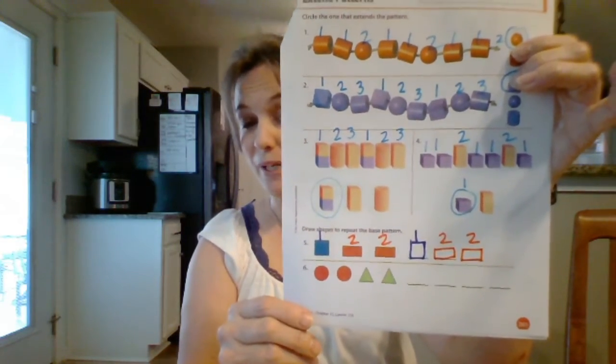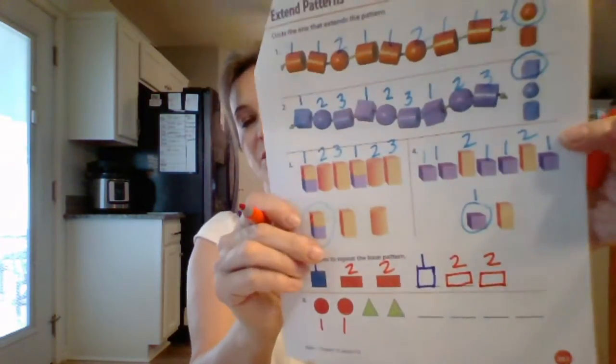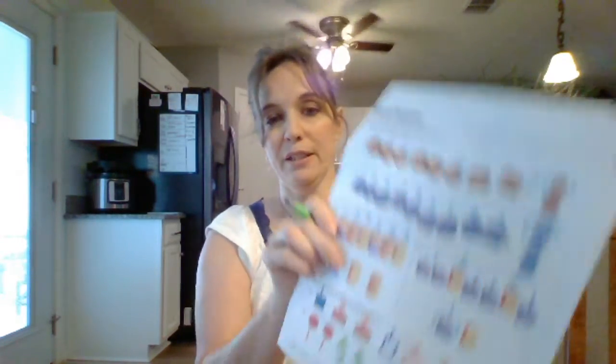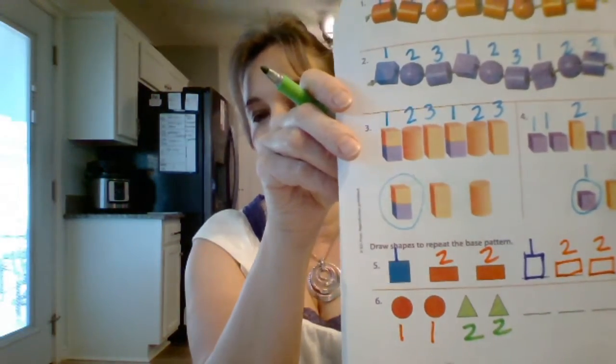All right, let's look at the next one. It's a different pattern. It's got 2 circles, so that's a 1 and a 1. And then it has 2 just alike, 2 green triangles, so we need a green. That's a 2 and a 2. So this pattern is 1, 1, 2, 2. 1, 1, 2, 2.